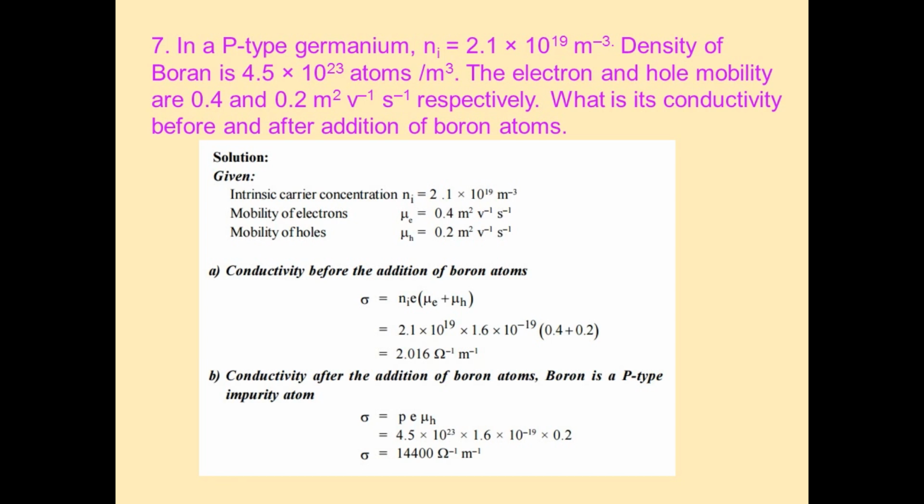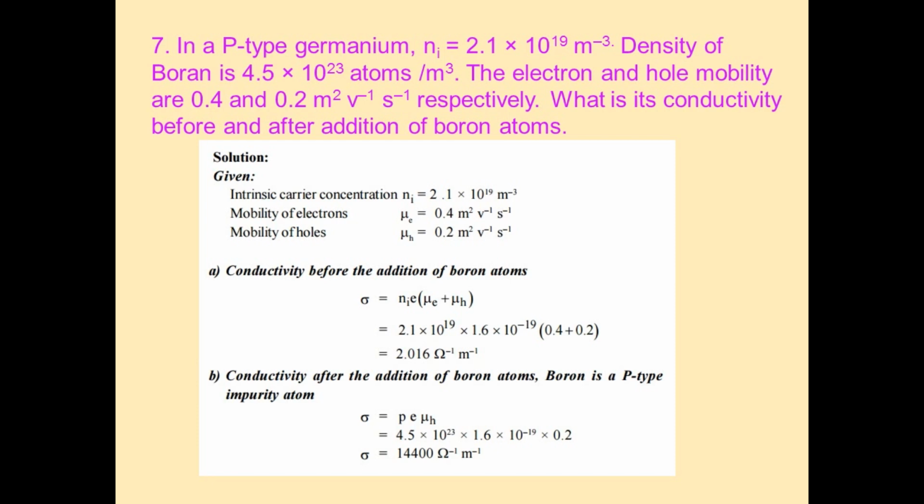you can call me. In a p-type germanium, Ni is 2.1 into 10 power 19 meter power minus 3. Density of boron is 4.5 into 10 power 23 atoms per meter cube. The electron and hole mobility are 0.4 and 0.2 respectively.